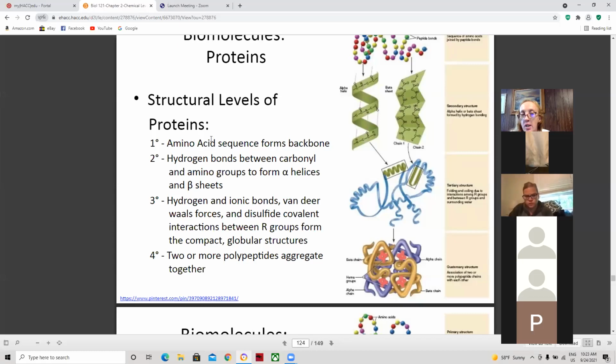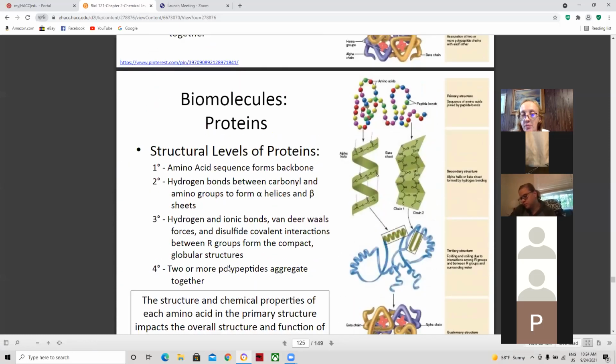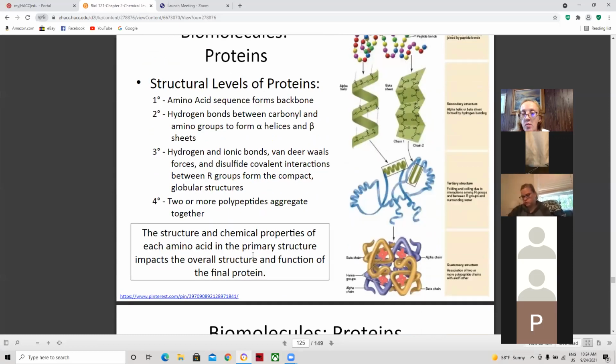So one polypeptide can have structural levels up to the third one. The fourth one is only 2 or more polypeptides coming together. So, like always, the structure and the chemical properties of each amino acid in the primary structure are going to dictate any future functioning of the protein.